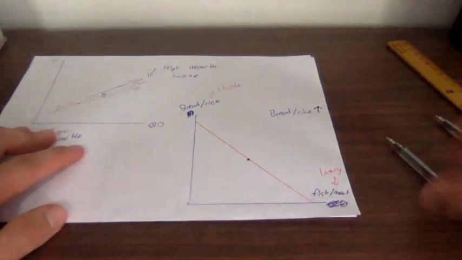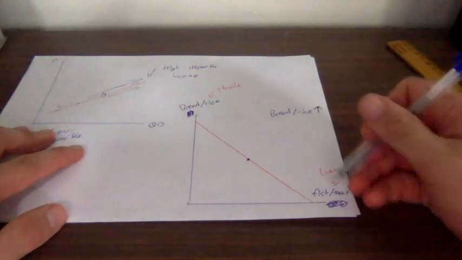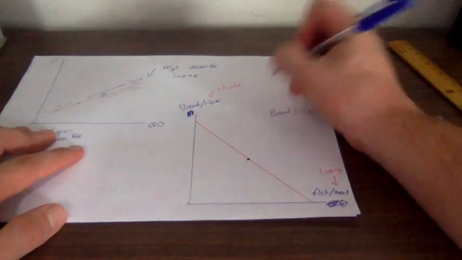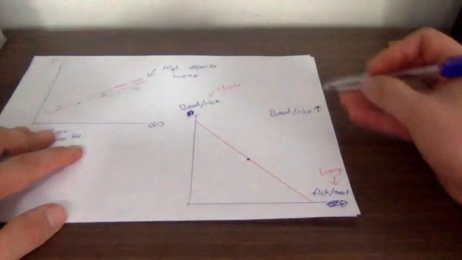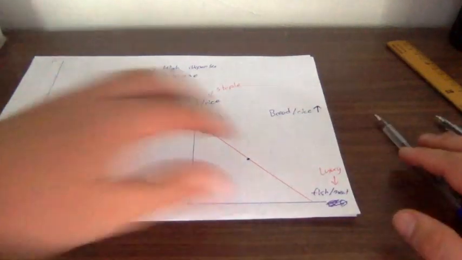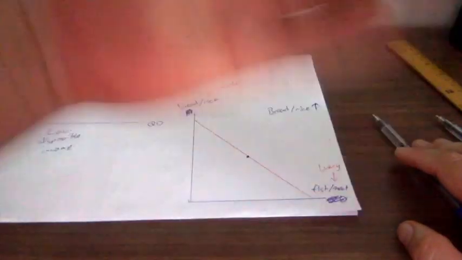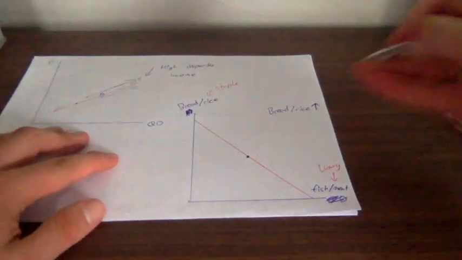So what this will do is actually decrease the demand for fish and meat, because now we don't have as much disposable income. So some of our disposable income is now taken, because now we've got to pay more for these standard items that we require, so that we will purchase over fish and meat. So some of our disposable income is used.